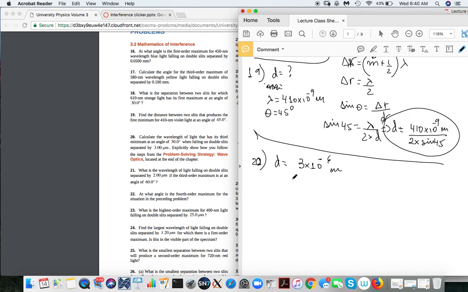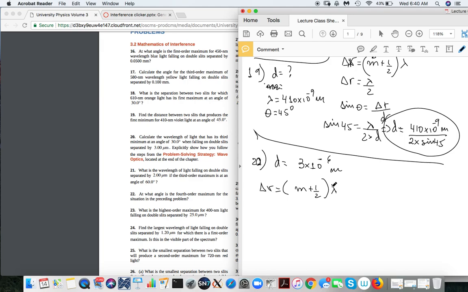Okay, so we want to find the wavelength. For the third minimum, again, delta R, the difference between the light path rays, is given by this equation to have a minimum. And we wanted the third.